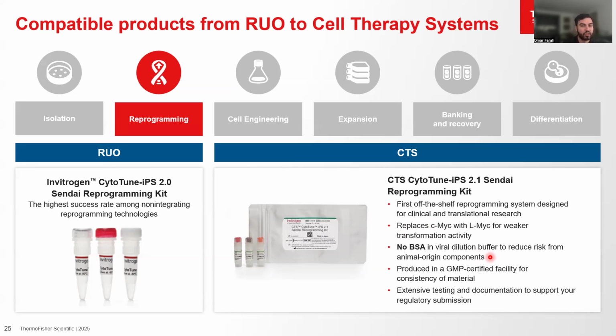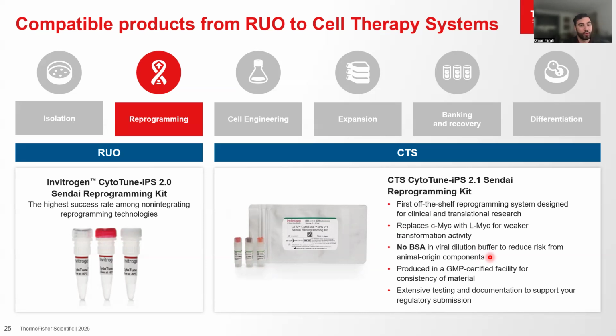But I wanted to introduce this concept that even though you could be doing great work with a certain reagent, it's really, really important to consider your endpoint, right? Where do I want to be going at the end of my work, right?